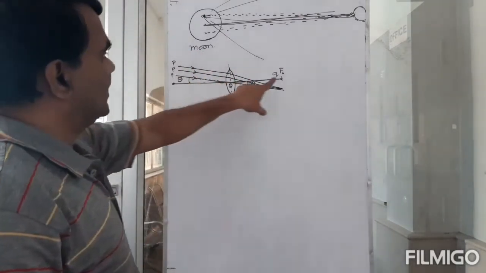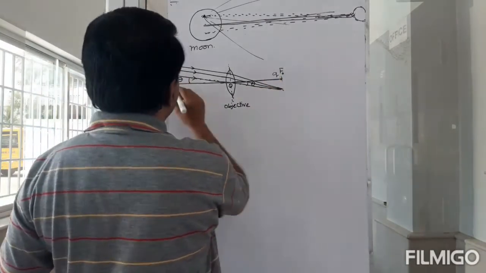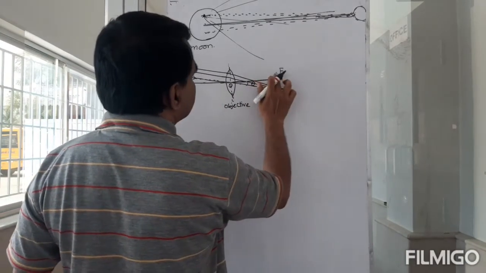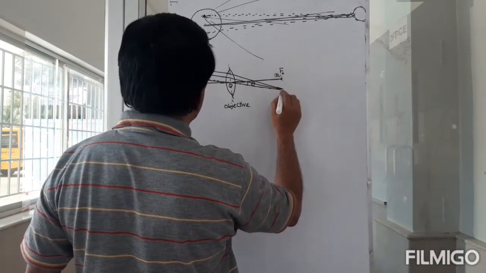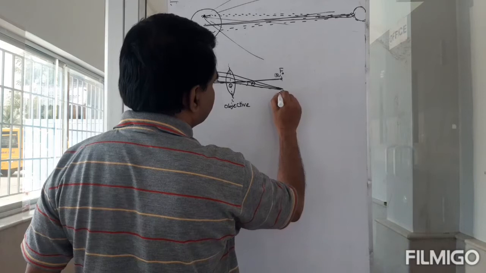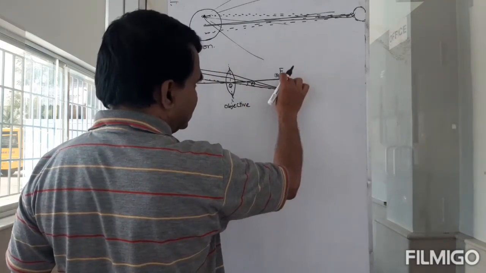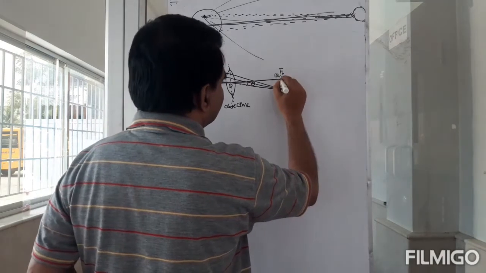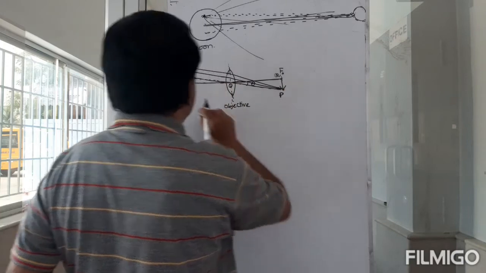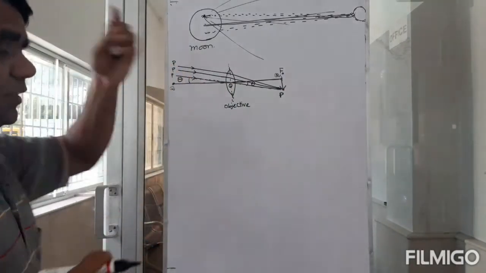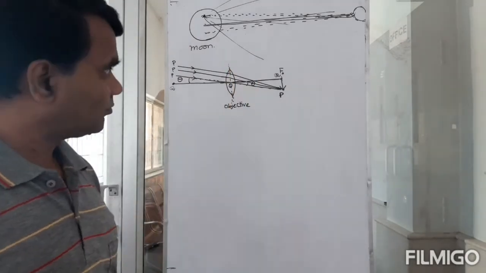So let's focus on this point. Call this Q, and this is P. So P will form the image here, and Q will form the image here. So this would be the object it's coming from. I hope this is clear to you.